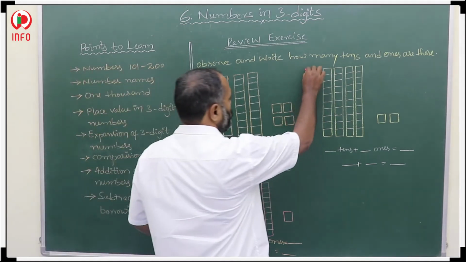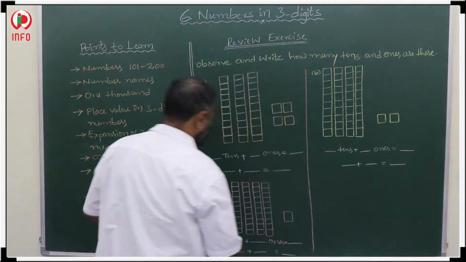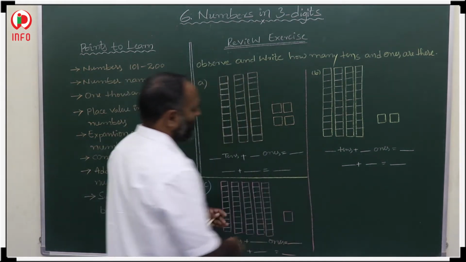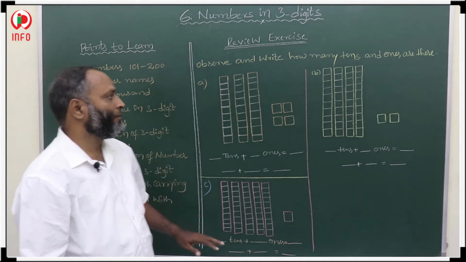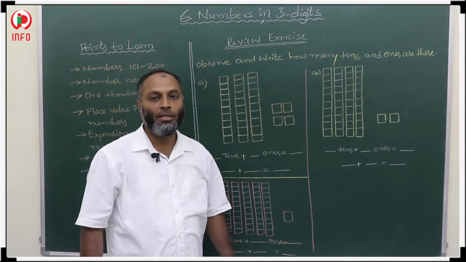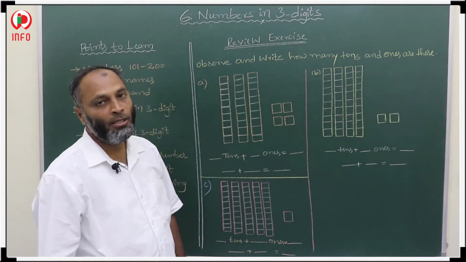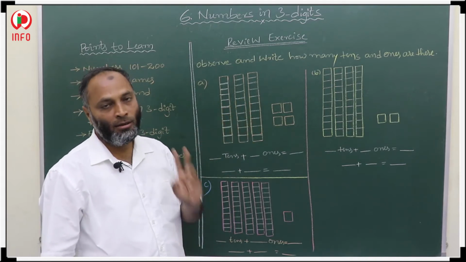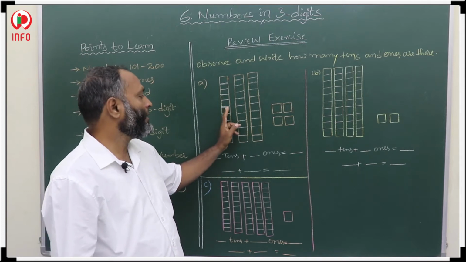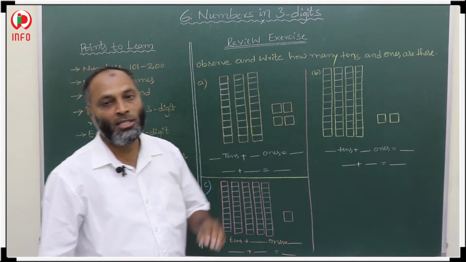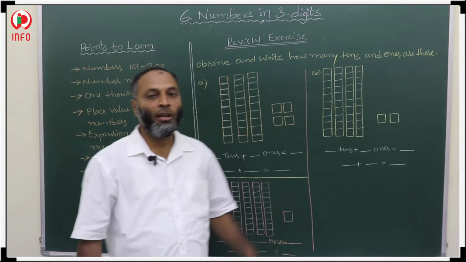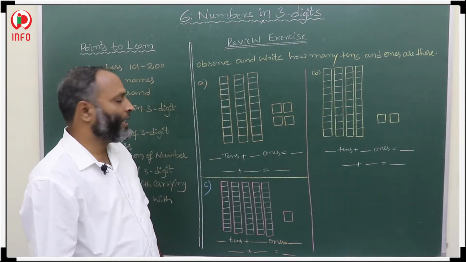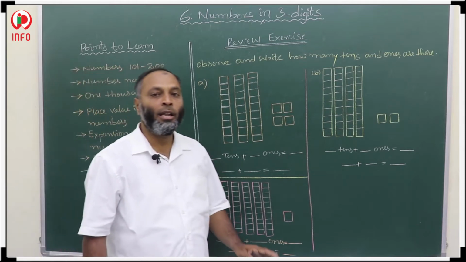Okay, this is our first question. In this first question, first we have to observe how many tens are there. How many bars are there? 1 2 3. 3 bars are there. In the bars we are keeping 10 cubes vertically.